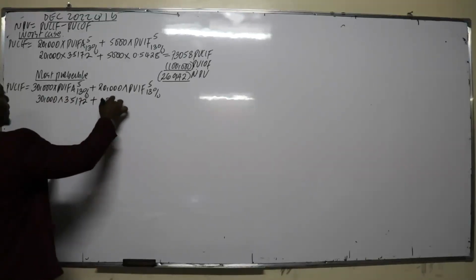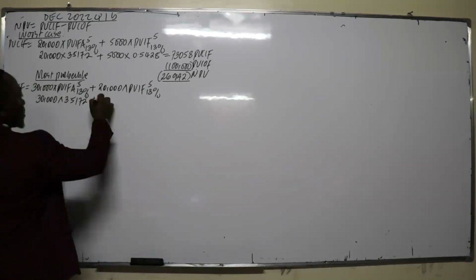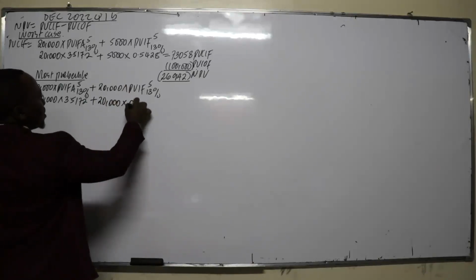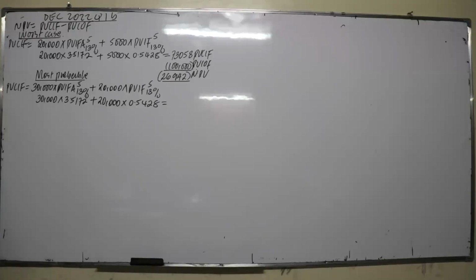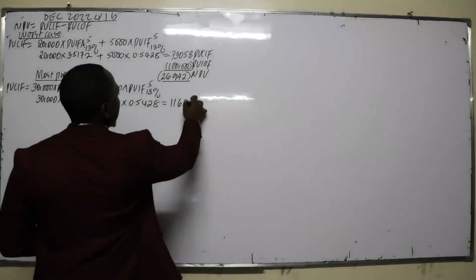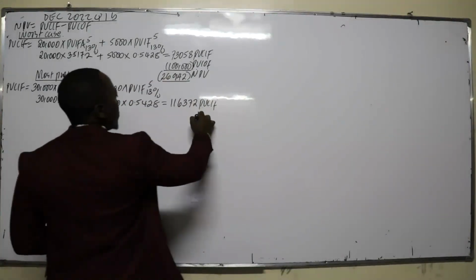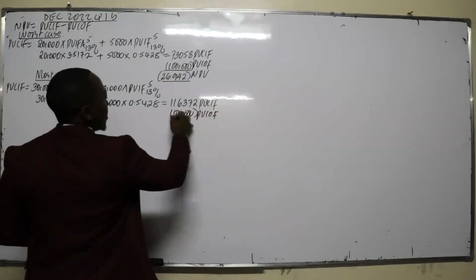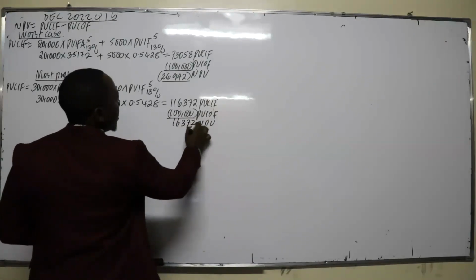You add 20, 13% for 5 years is 0.5428. To get 116,372. So that's the present value of cash inflow. To get NPV, you deduct the present value of cash outflow. The capital is constant, is 100. So the net present value will be 16,370.